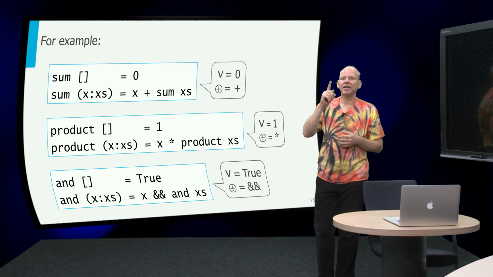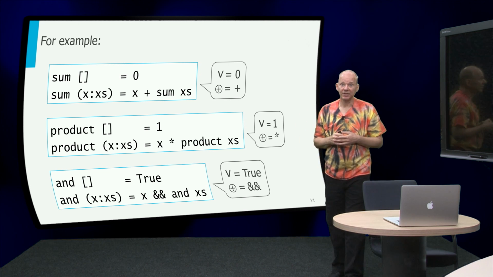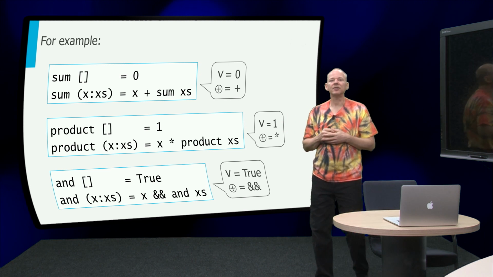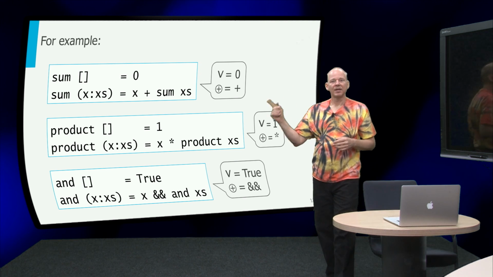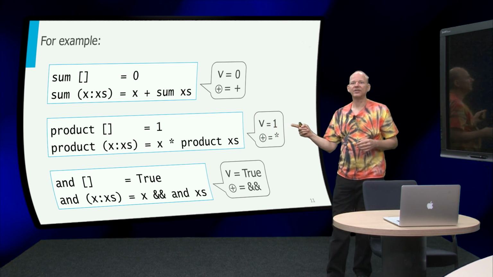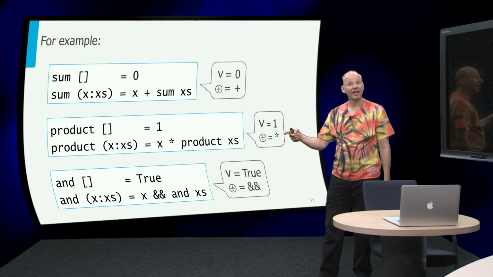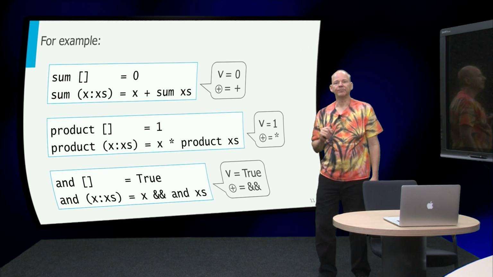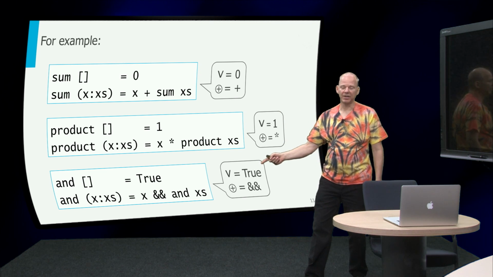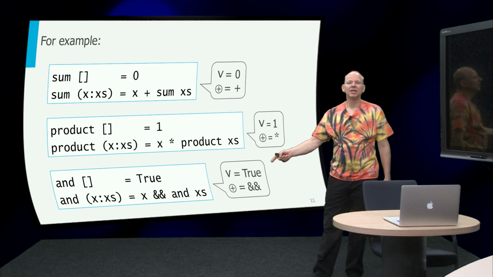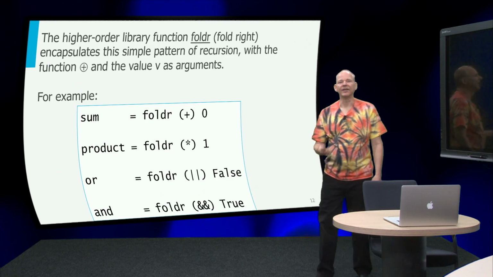And in particular, we can instantiate v and plus very simply. In the first case, the empty list v is replaced by 0, and cons, that was the funny plus, is plus. In the second case here, we replace the empty list by 1, so v equals 1. We replace cons by multiplication, so the funny plus is times. And in the last case, simple, we replace the empty list by true, so v is true, and we replace cons by AND, so funny plus is AND.